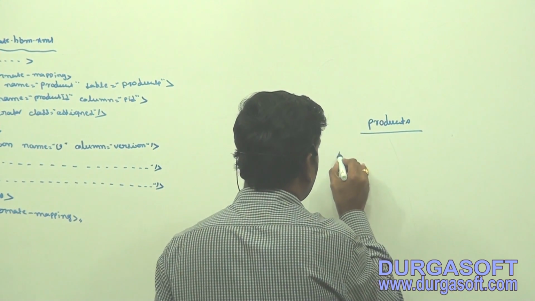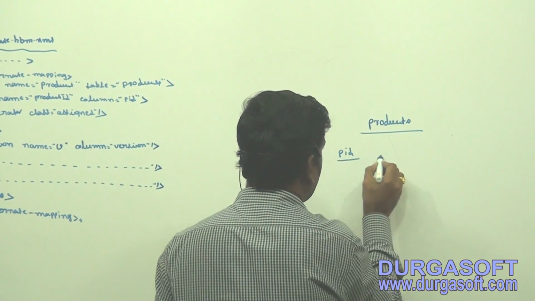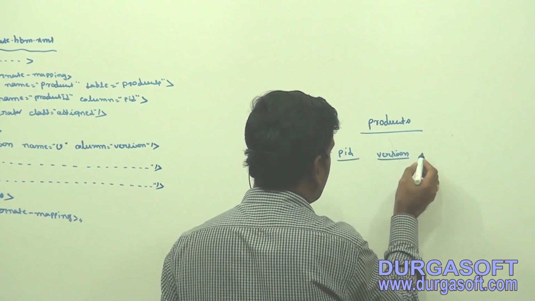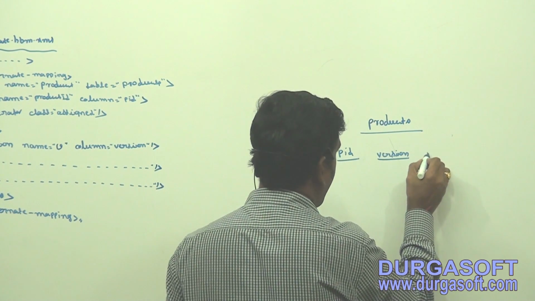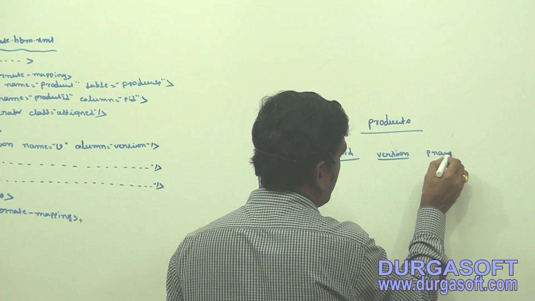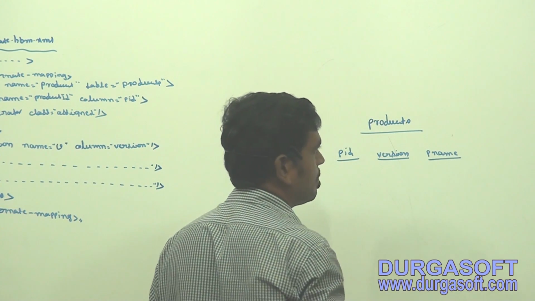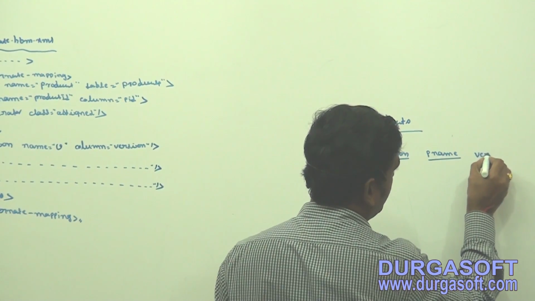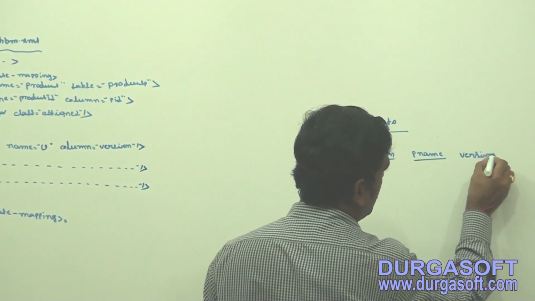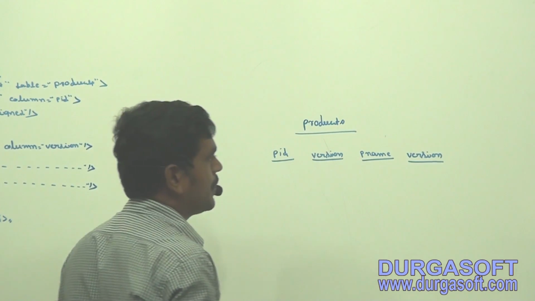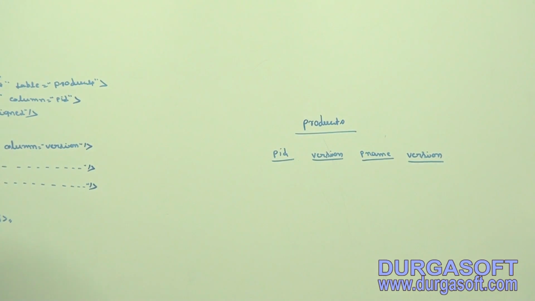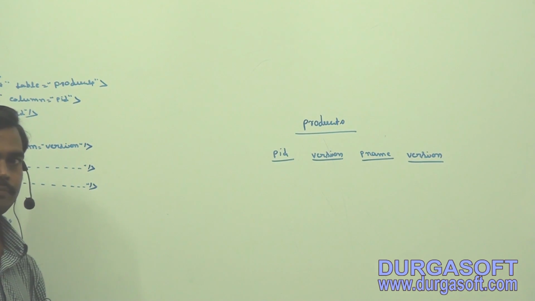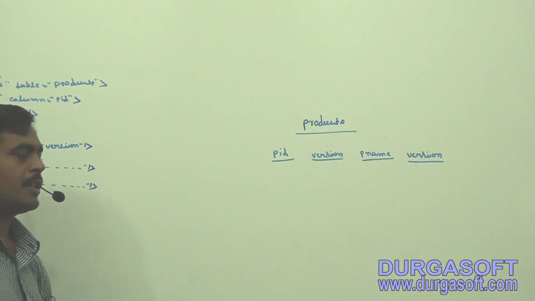Under that, PID, pname, version. Right, version. Under that, it is going to be stored as the version number. So now, just observe here.